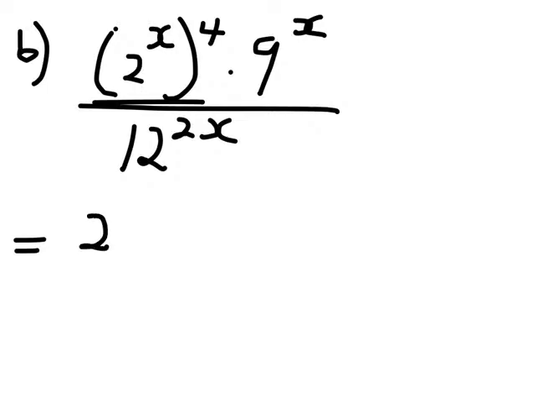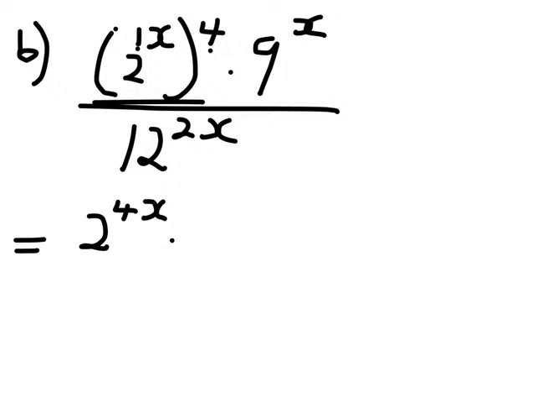So in short, you have 2 to the exponent of that invisible 1x multiplying 4. So the 4 will multiply the 1. 4 times 1, definitely that is 4, and then because there's a letter there, you just write it as it is. Then this is multiplying 9.